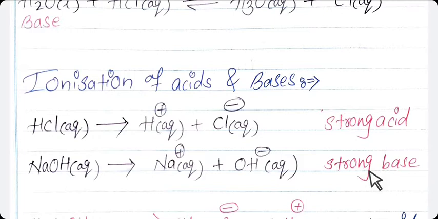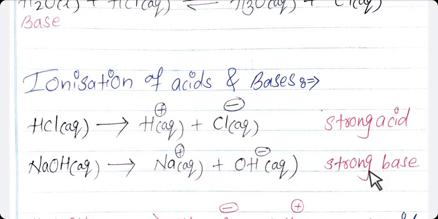Students, always remember, acid which gives H plus ion in its aqueous solution, either it is strong or weak. Base which gives OH minus ion in its aqueous solution, either it is strong or weak.